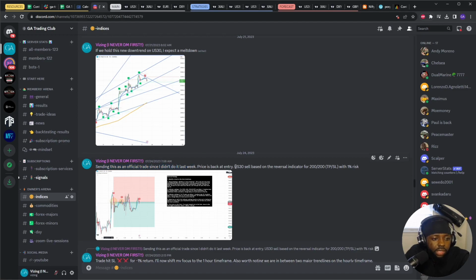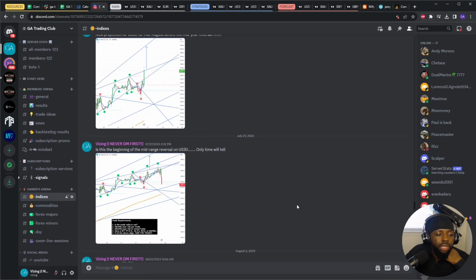So US 30 sell based off of reversal indicator for 200 pips TP, 200 pips stop loss with a 1% risk. So an official trade from me will always have the entry and also the confluence of strategies, whether it's a reversal strategy or any of our other strategies, it will have a TP and stop loss, and then it will have the associated risk with it.